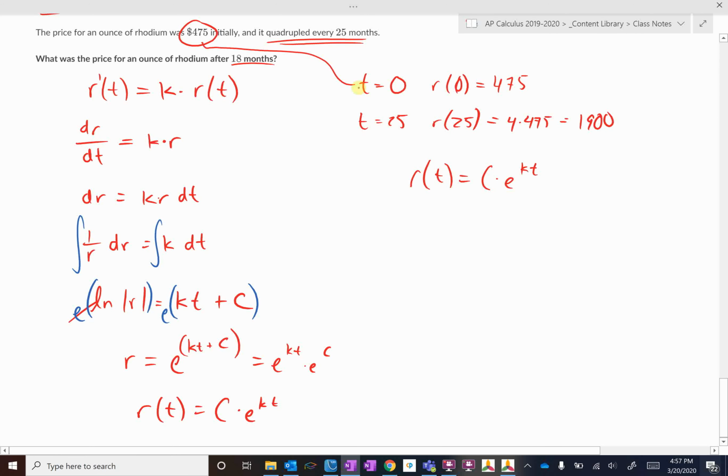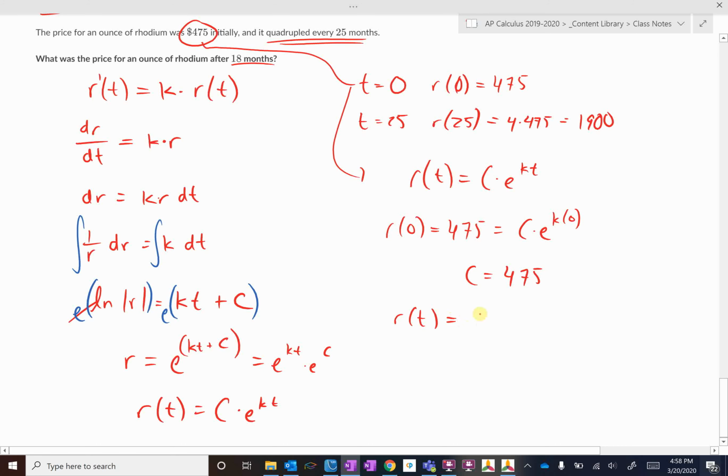So let's take the initial condition we're given, and we know that at 0, our price would be 475, and that's equal to c times e to the k times 0 power. So that would mean if k times 0 is 0, e to the 0 is 1, that c is equal to 475.